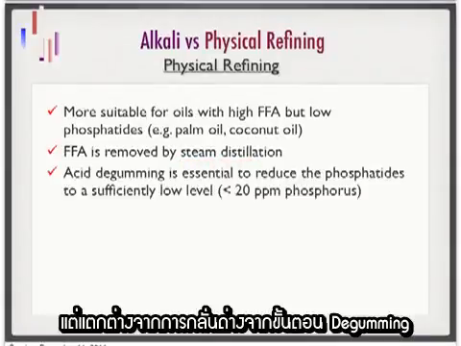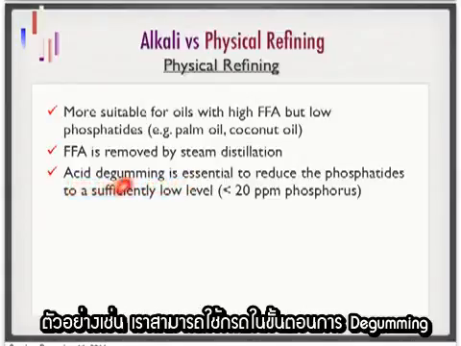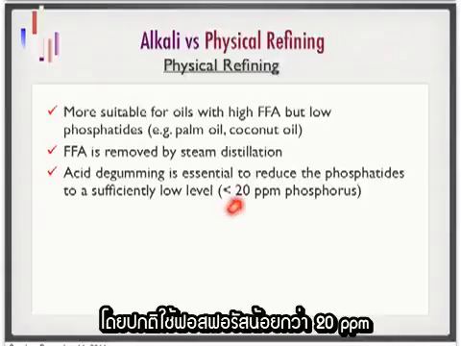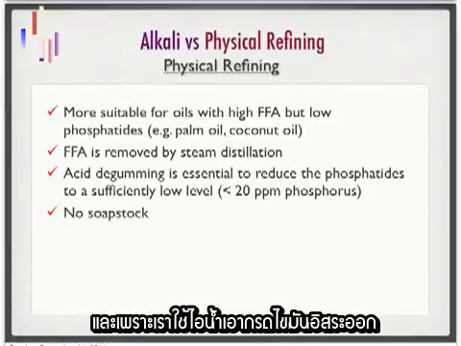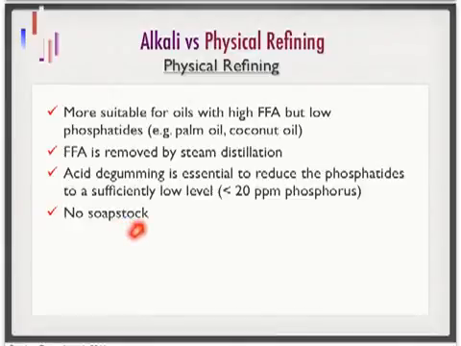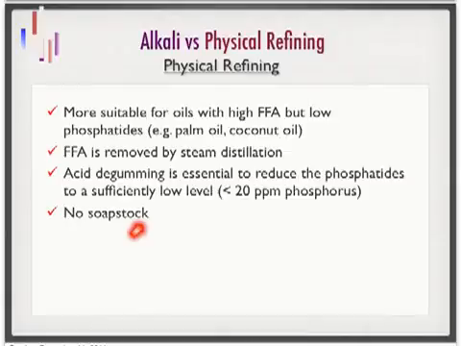But unlike alkali refining, where the degumming step may not be necessary, in physical refining the degumming step is very important. For example, we can use the acid degumming step to reduce the phosphatides or the gum to a very low level, usually less than 20 ppm phosphorus. And because we use steam to remove the free fatty acid, no soap stock is produced, unlike in alkali refining, because in alkali refining the free fatty acid is reacted with the alkali to produce a soap stock.